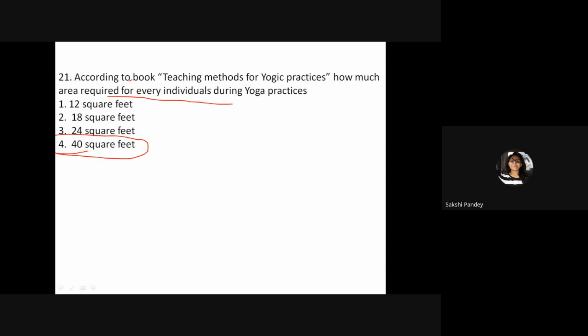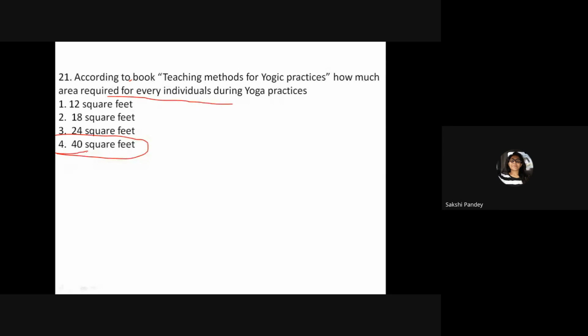And the other one, individualized instruction method. Here, the instructor focuses on individual to individual, on an individual basis. He or she will be giving complete focus or awareness on the individual.